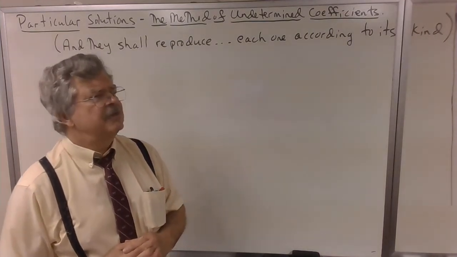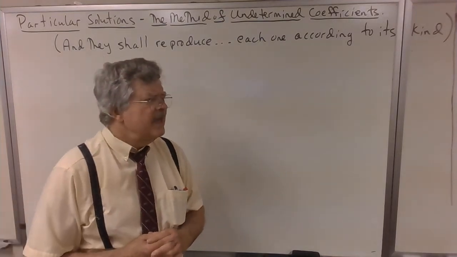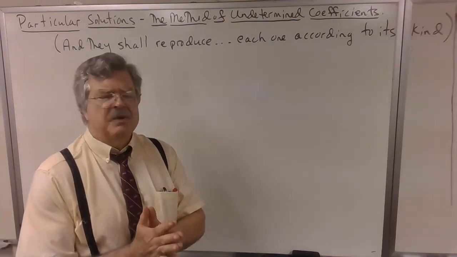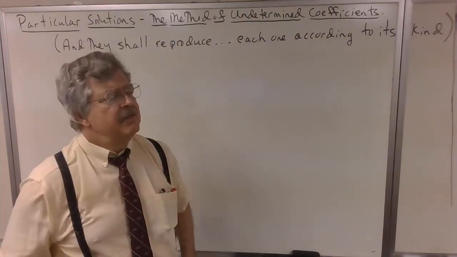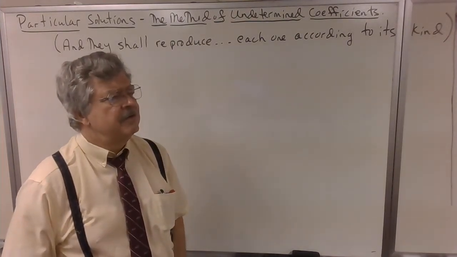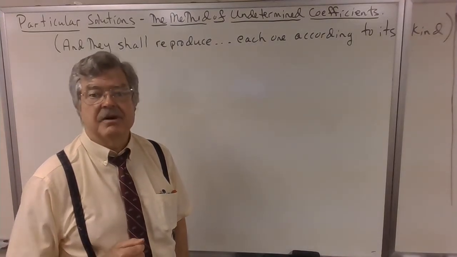Now, think about this from a different perspective. Is there any function that we know of, other than sine x or cosine of x, that we can compute the derivative of to get sine x or cosine of x?